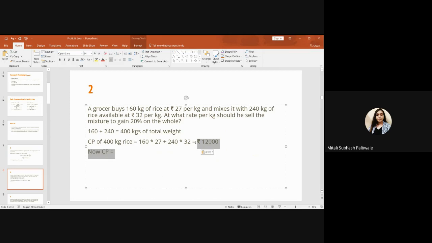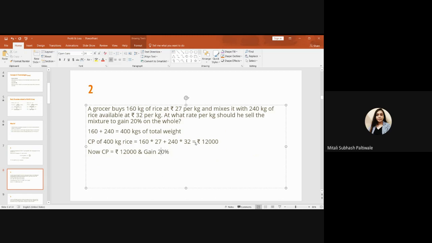I'll just copy this down and paste it below. And again they have said 20%.